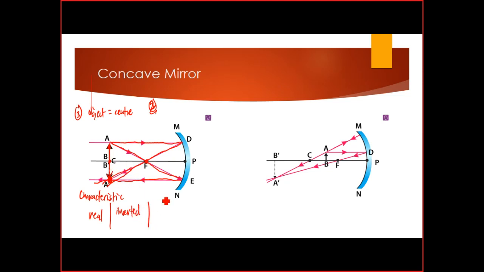The image is the same size as the object. So you can have 3 types: magnified, same size, or diminished. For orientation, you can have 2: inverted or upright. For real, you can have real or virtual. A real image will be at the front. A virtual image will be at the back of the mirror.